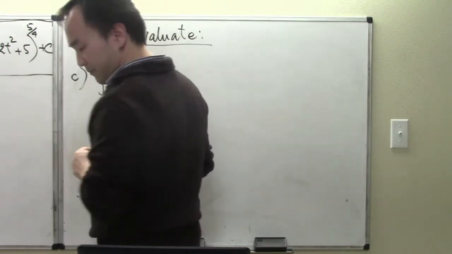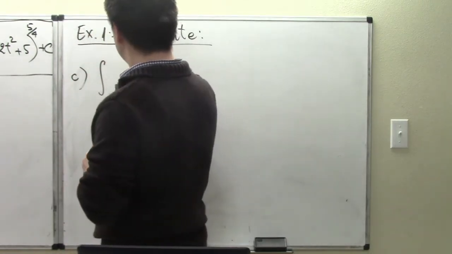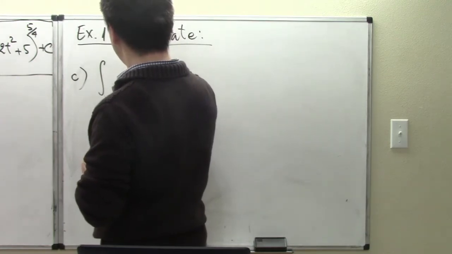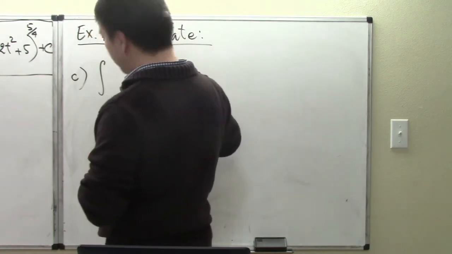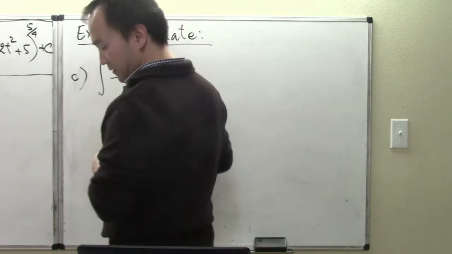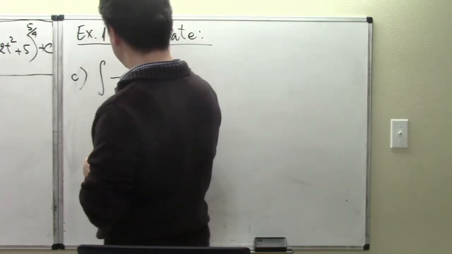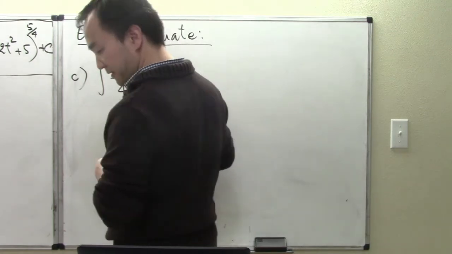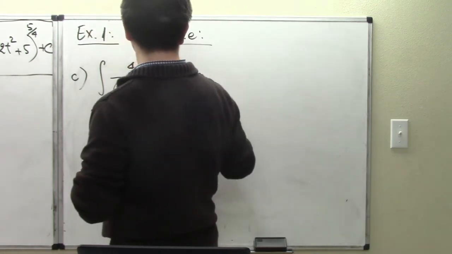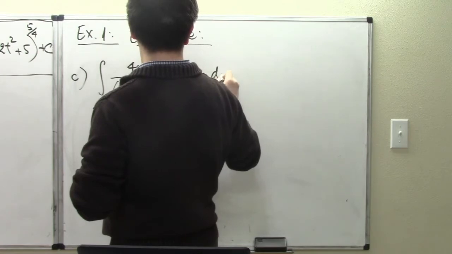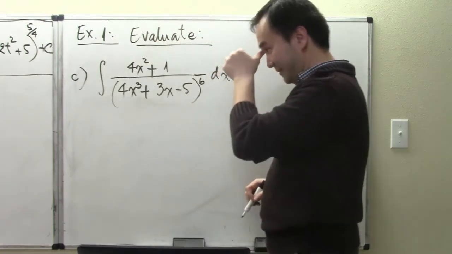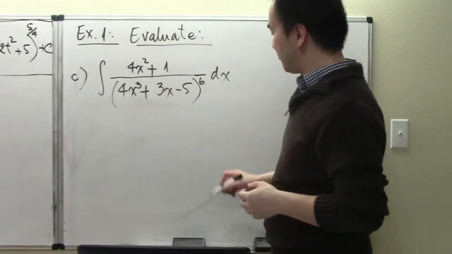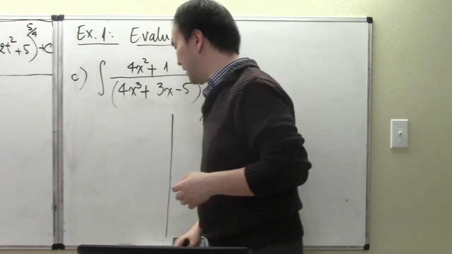The example in part C I have as follows: the integral of x squared plus 1 over 4x cubed plus 3x minus 5, to the 6th power, dx. All right. So for this problem right here, in my experience, I would choose.